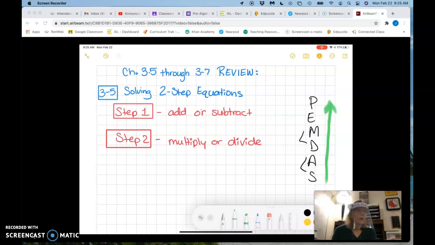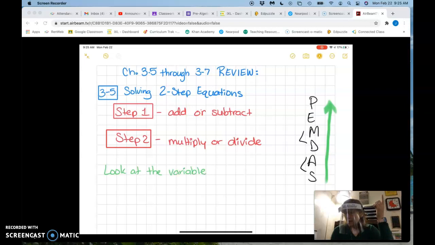So when we're solving an equation, we look at what's happening to the variable and we do what? Yes, but what do I always say? Look at what's happening to the variable and do the, yes, opposite.